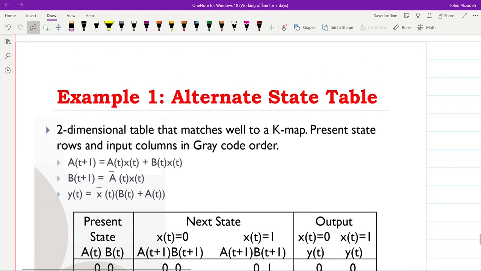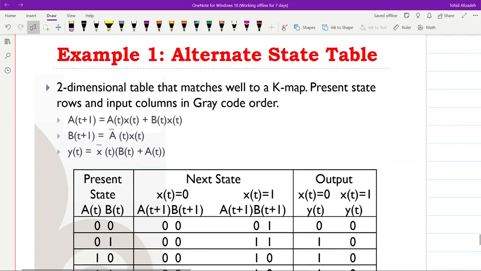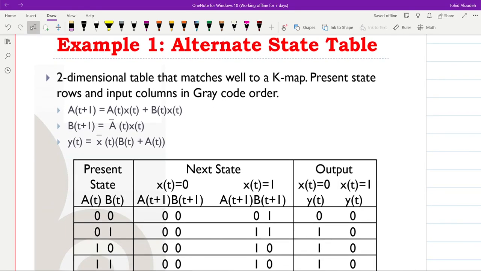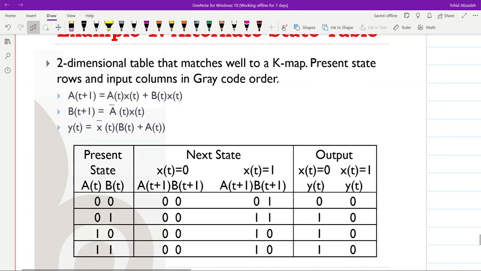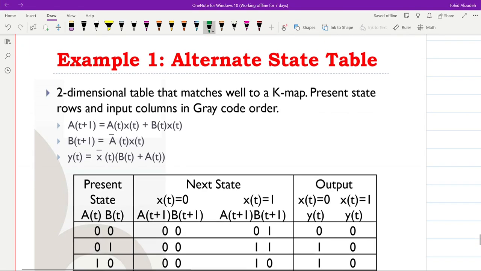That's one way of forming the state table. We have an alternate state table as well. In this case, we push the input towards the output and the next state columns. So we will have a two-dimensional table in this case, which matches well to a K-map.